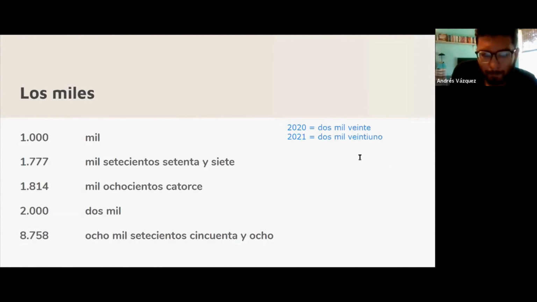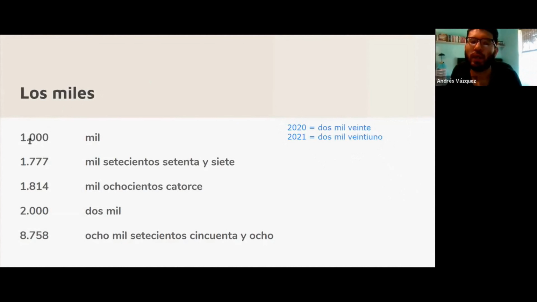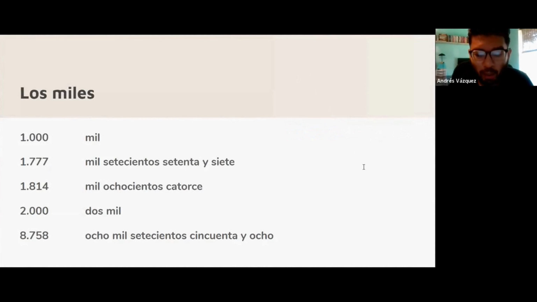Another thing to point out is that usually when we write out numbers in English, we would write a comma after the one in 1,000. In Spanish, we write a period. So that's one thing that is different. But in regards to pronouncing these numbers, I think we covered the main things.